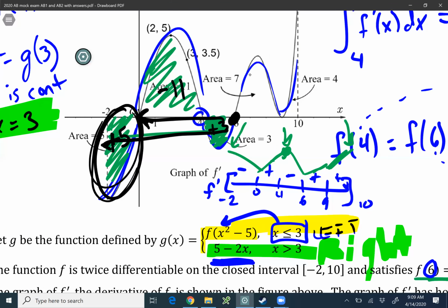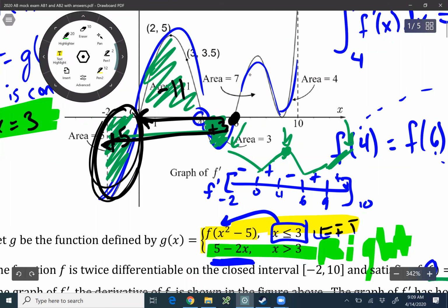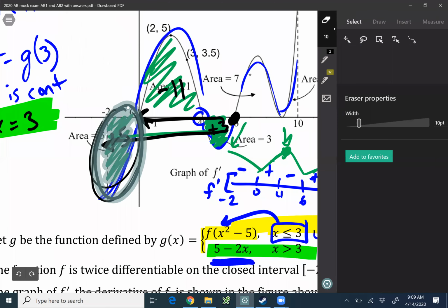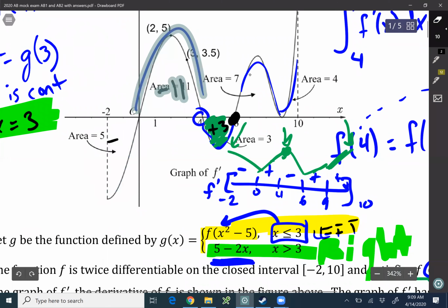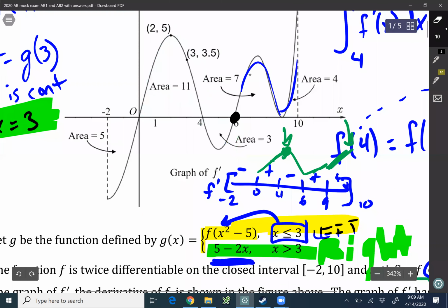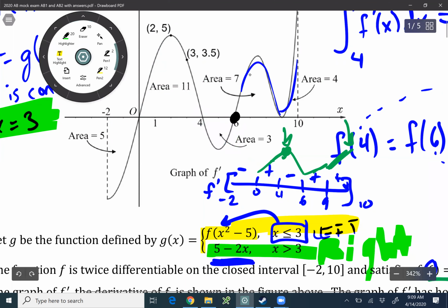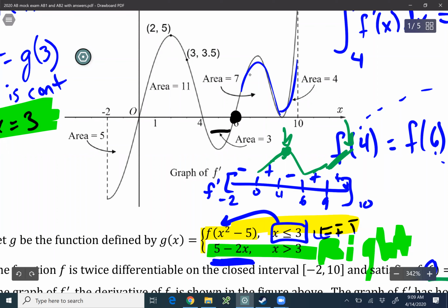So now what we're trying to do is we're trying to say, okay, next we want to get from 6 to 4. Okay, we already did this one. We know the answer is going to be negative 1. But we just found out that at 0, we had an answer of negative 12.